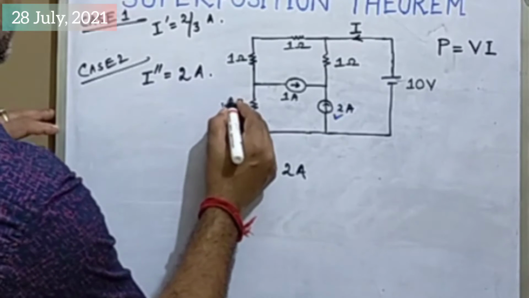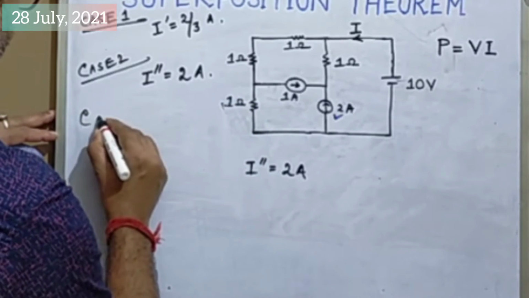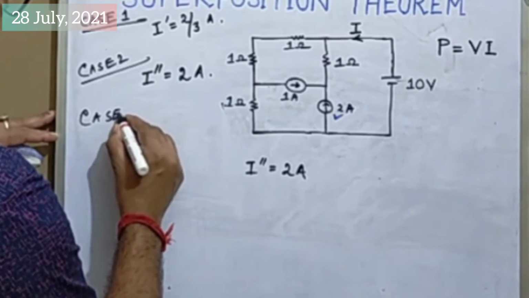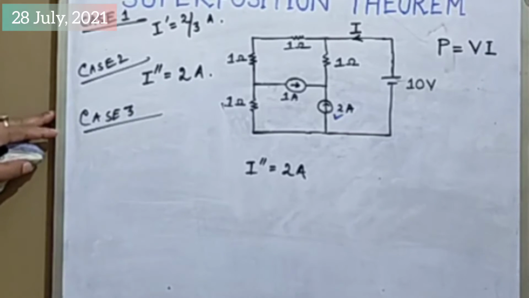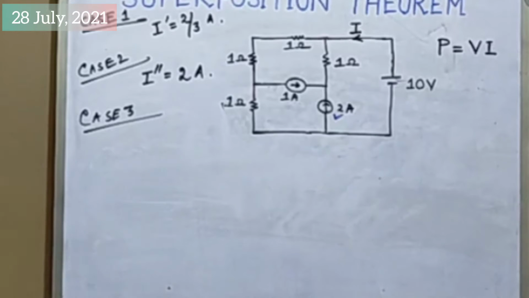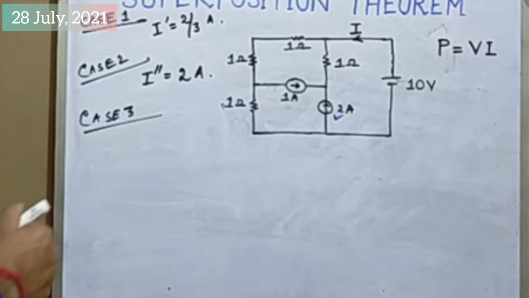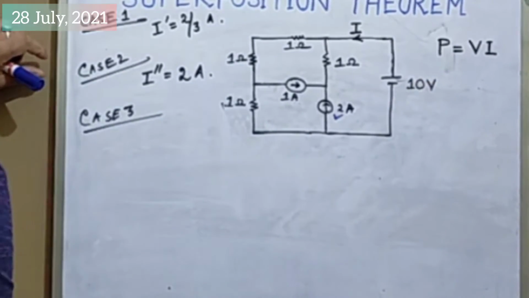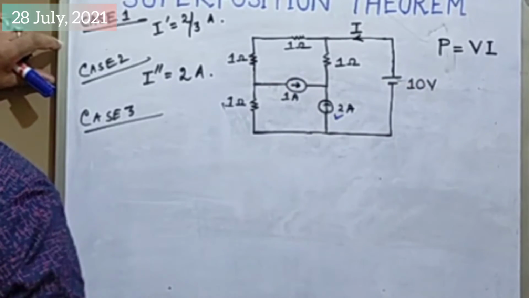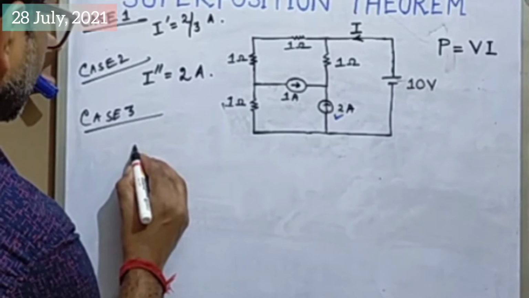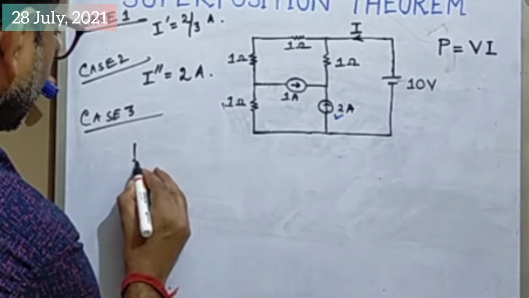Next, come to case 3. Now again draw the circuit accordingly. In case 3, we should consider this voltage and the two current sources will be replaced. So what will be the circuit?